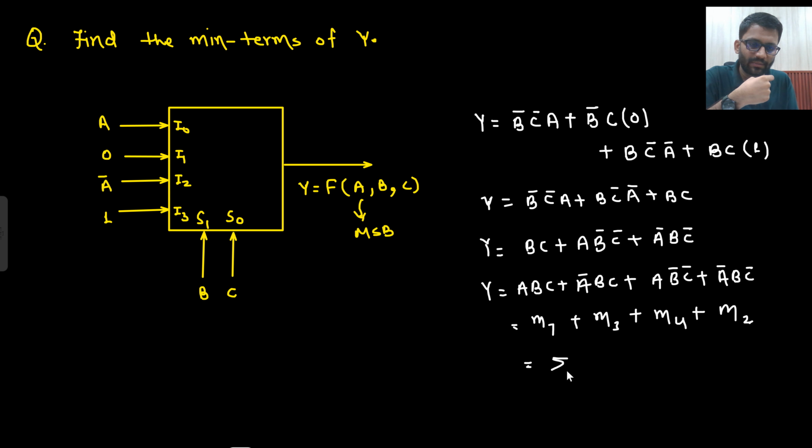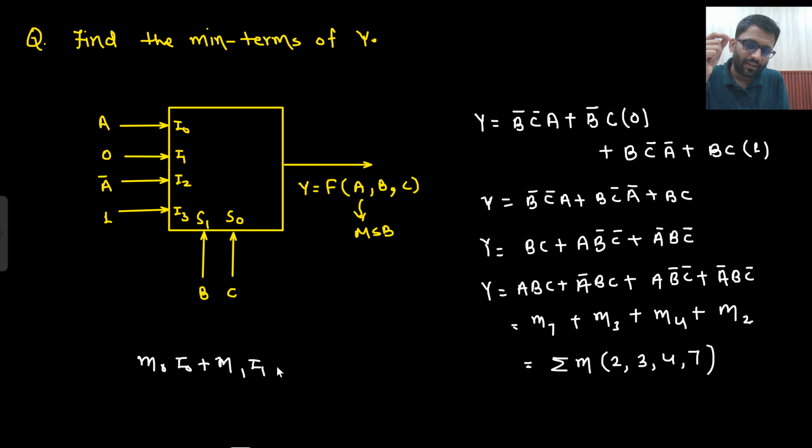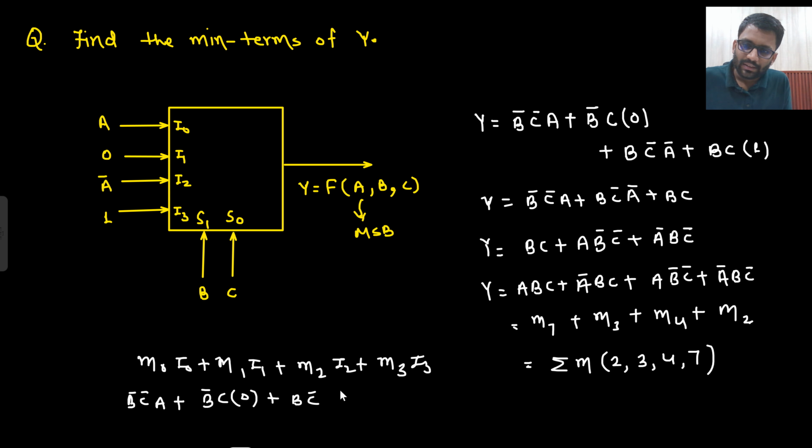So the minterms are 2, 3, 4, 7. So you couldn't solve this question as m0 I0 plus m1 I1 plus m2 I2 plus m3 I3. If you have solved in this manner, then what will be your m0? That would be b bar c bar, and what is your I0? That is a, plus b bar c 0 plus b c bar a bar plus b c 1.